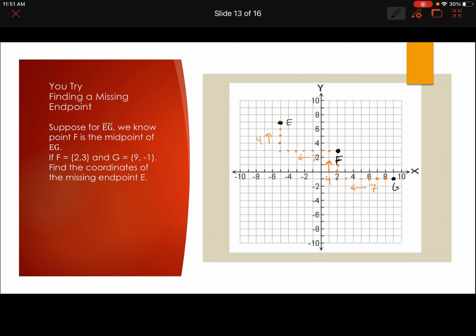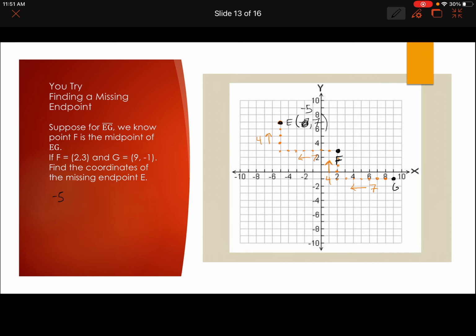And so we look at those coordinates. E has a coordinate of -7, 7. I'm sorry, not -7. That's a -5. -5, 7. Okay, so we can go back and check using our midpoint formula. E and G are the endpoints.